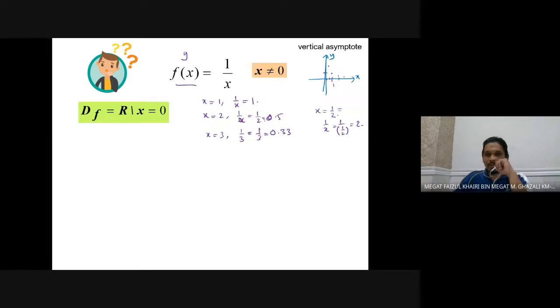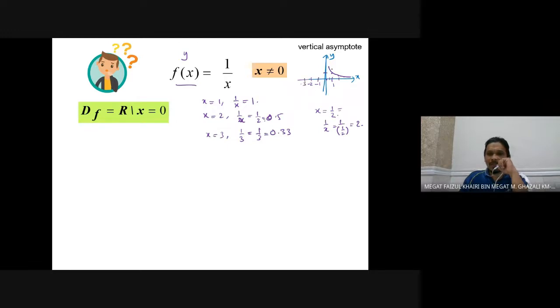So the graph is sliding down, approaching the line of the x-axis. Same thing goes when x equal to negative 1, negative 2, and negative 3.